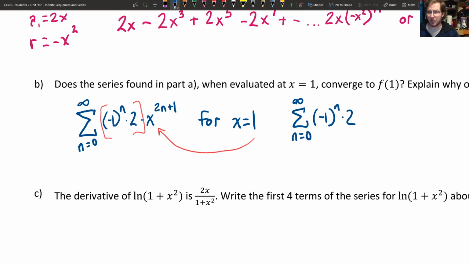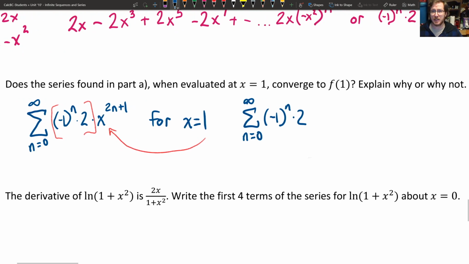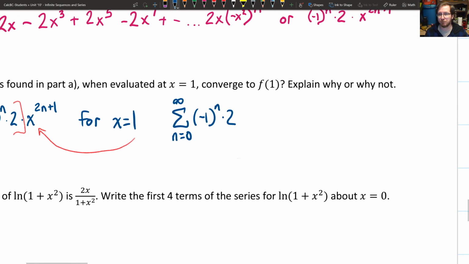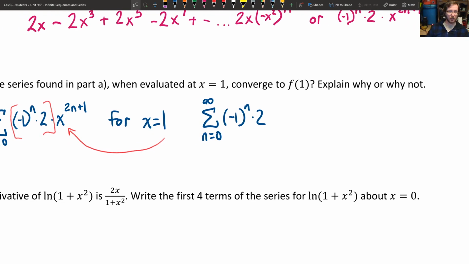All right, so we want to find, what does it say? Does it converge? So we want to test it, see if it is converging or diverging. So going back to our tests for convergence, looking at what type of a rule we've got.